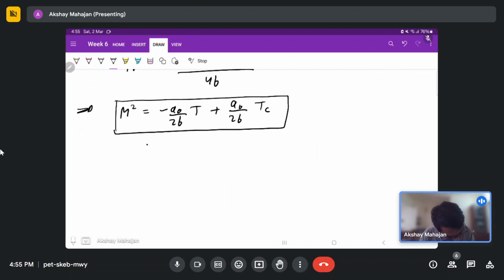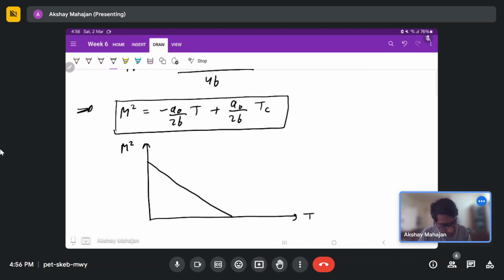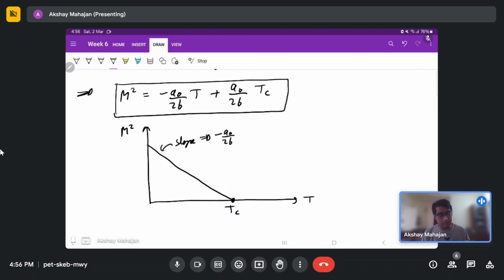If we plot m square versus T, it will be a straight line with a negative slope. The slope is minus A naught upon 2B, and the intersection will be our Curie temperature Tc. So by plotting m square versus T for a ferromagnet, we can easily find the Curie temperature for that ferromagnet.